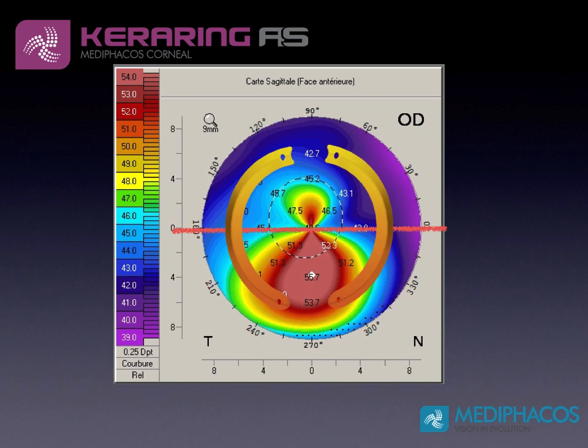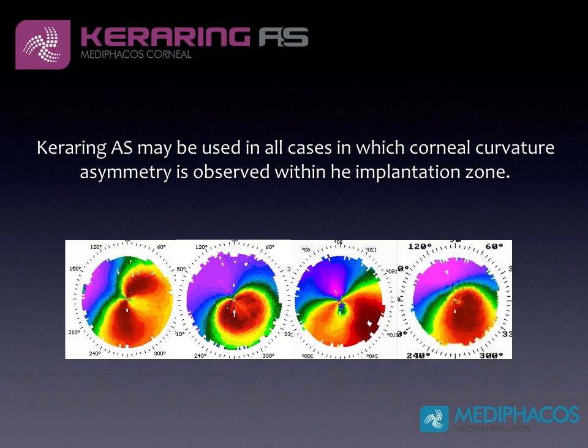Here, again, we see good indication for Keraring AS by using segments of greater thickness inferiorly and less thickness superiorly. Keraring AS may be used in all cases in which corneal curvature asymmetry is observed within the implantation zone.